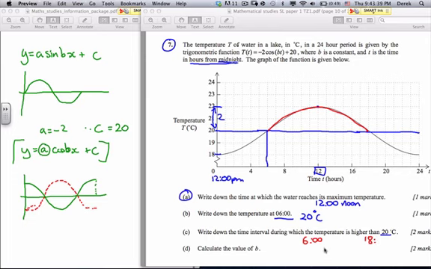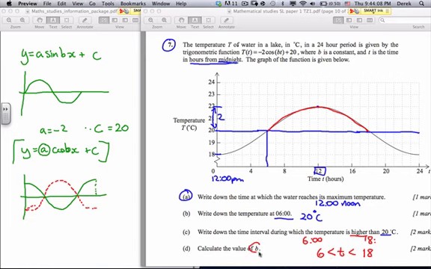So, in terms of these time intervals, it's from 6 to 18, and it's going to be greater than and less than. It won't be equal to, because we want it to be higher.